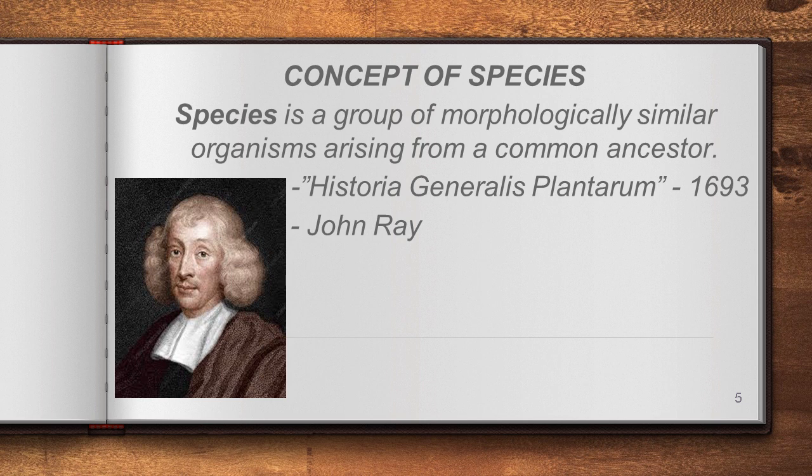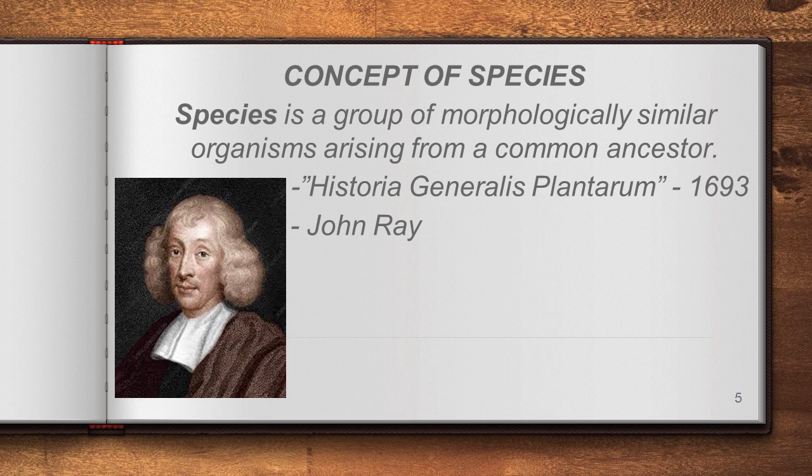Let us see the first one. This term was given by John Ray in the year 1693 in his book Historia Generalis Plantarum. He said species is a group of morphologically similar organisms arising from the same or a common ancestor.